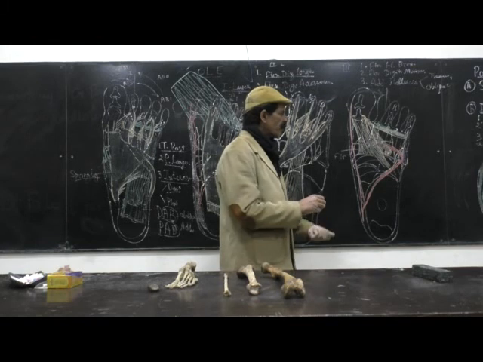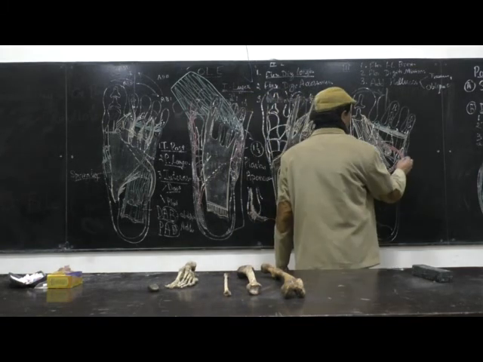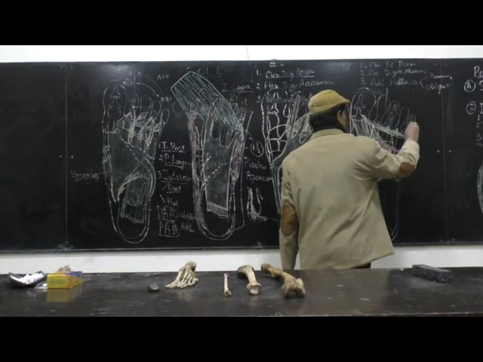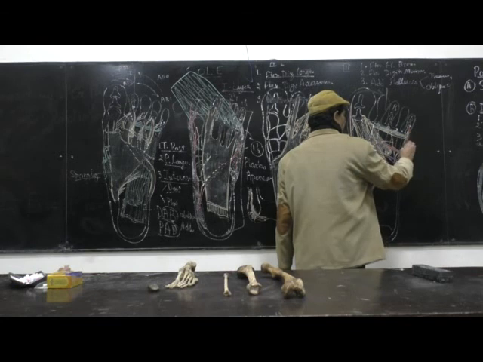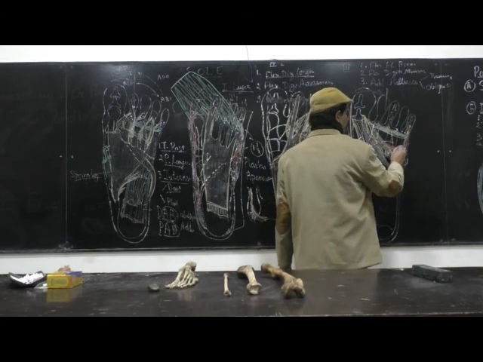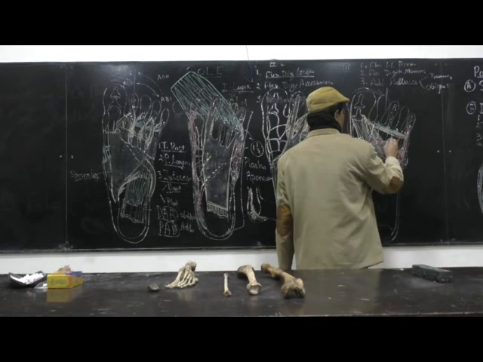And from this plantar arterial arch, various branches are given. The first digital branch, given to the little toe, is the first digital branch of the lateral plantar artery. Then metatarsal branches.